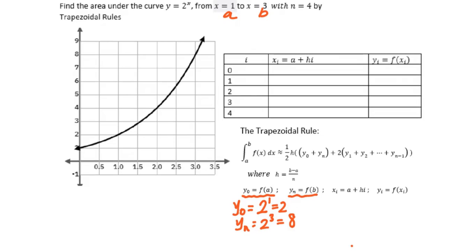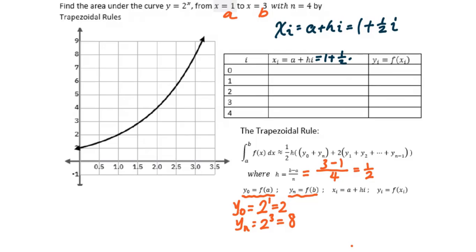Then for this H, you will work out that's (3 minus 1) over 4 equals 1 over 2. The xi will be A plus H times i. So xi equals 1 plus 1/2 i.